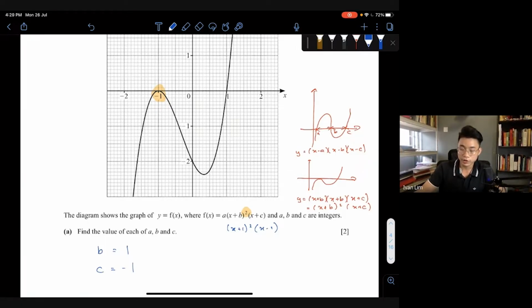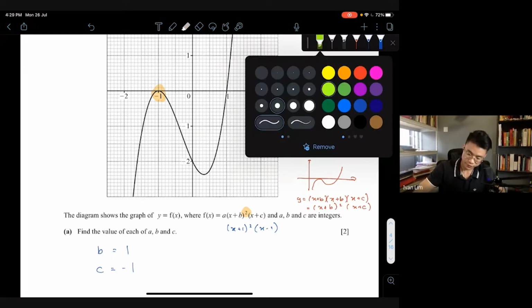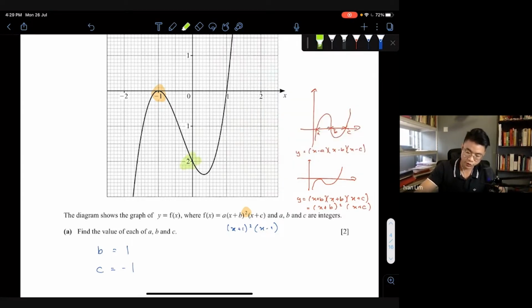Then a value, how do you all find? You need to just sub in. You got your y-intercept here, which is -2. So can I use -2 here? -2 equals a, and then my x value is 0 and 0.